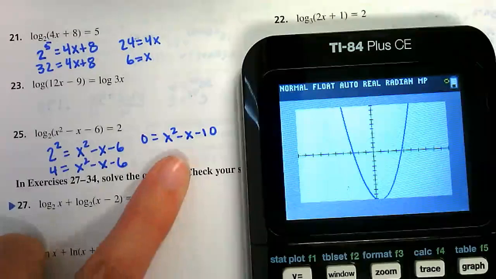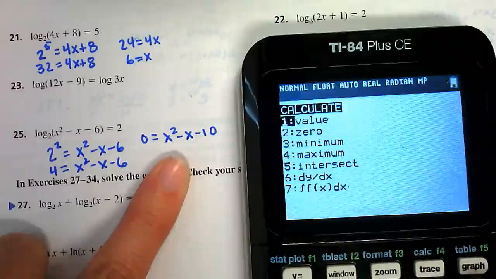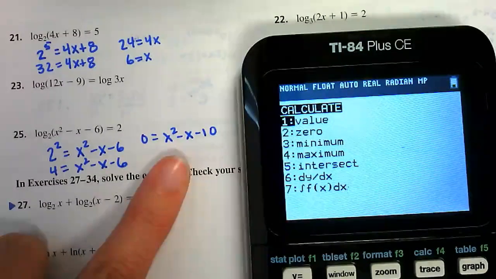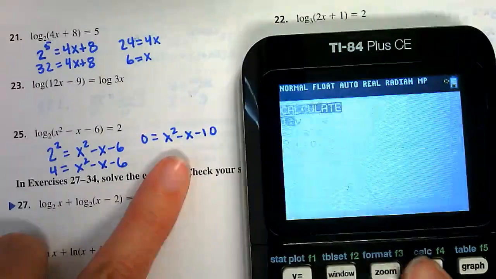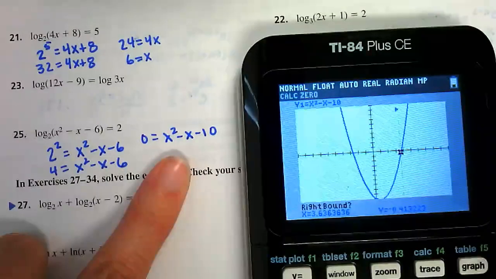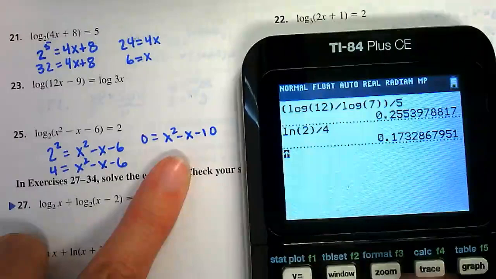When I'm looking for my solutions, remember solutions mean the same thing as x-intercepts, so I'm going to calculate my x-intercepts, which are my zeros. So I want to figure out what these are, so I'm going to move it closer to one side, and I didn't go far enough over.